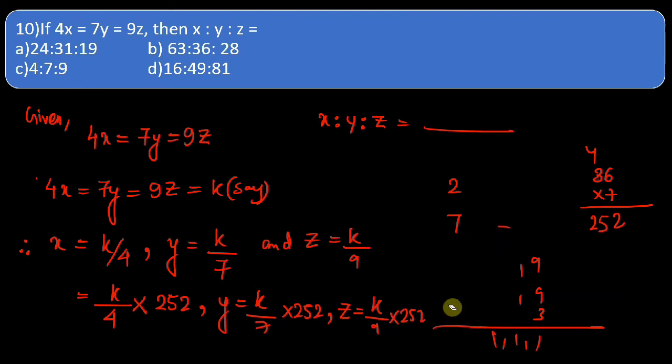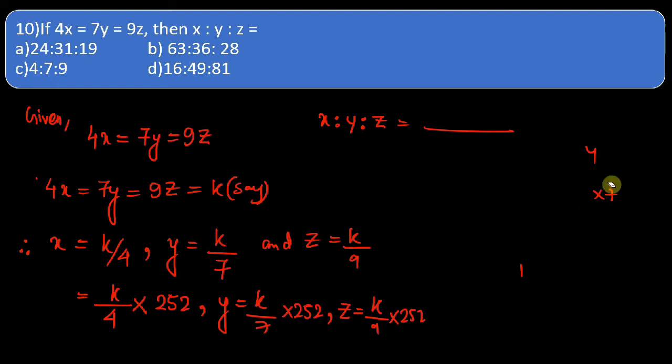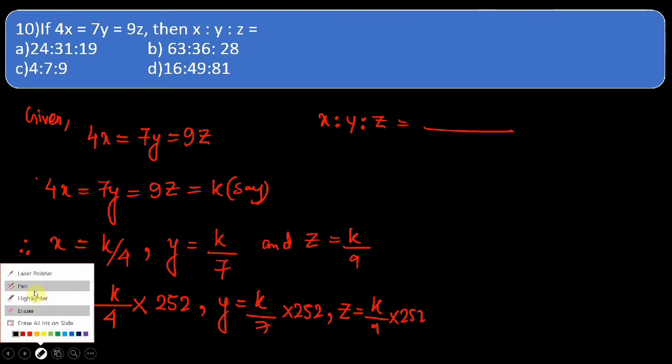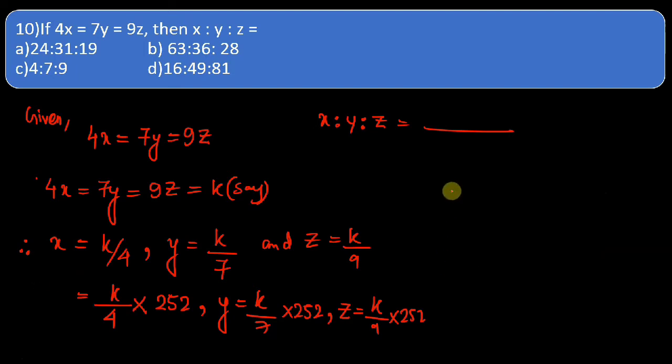So we are getting the respective values as x is equal to 63k, y is equal to 36k, and z is equal to 28k.